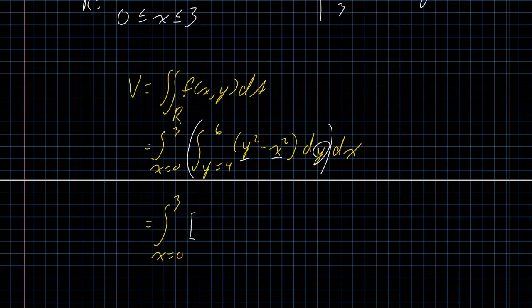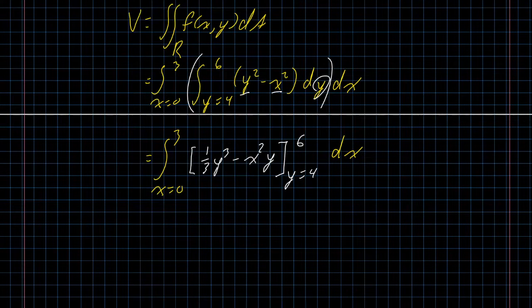Integral of y squared is 1/3 y cubed. Integral of a constant is that constant times y. Then evaluate at our limits of integration.